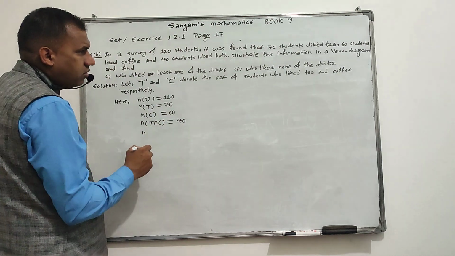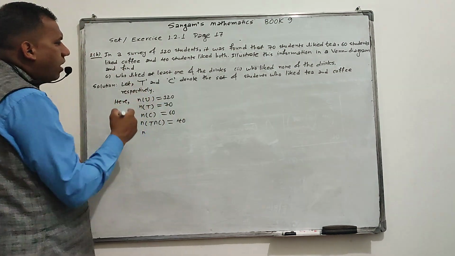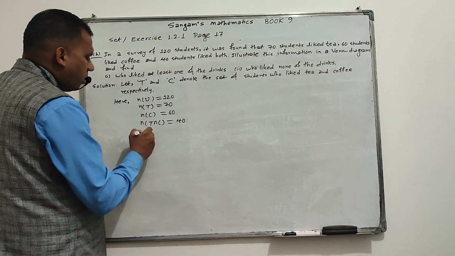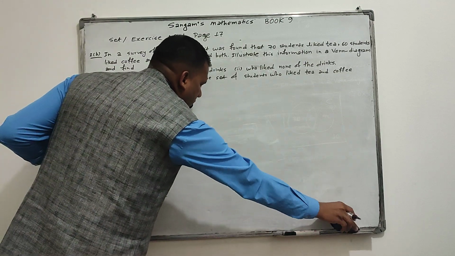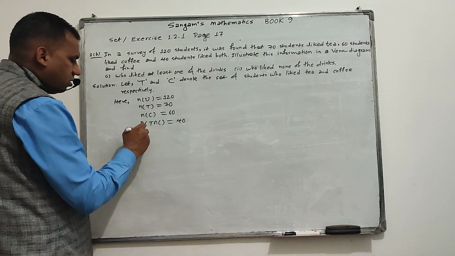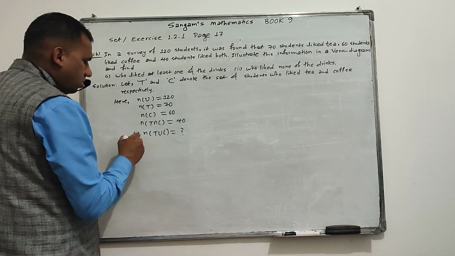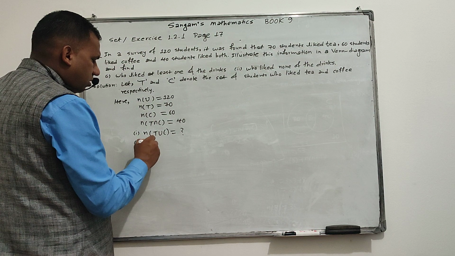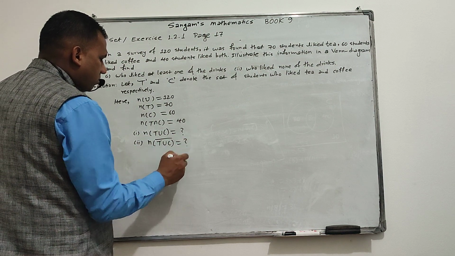Number 1, the number who like at least one, that is n(T ∪ C) equals how much? Number 2, who like none, that is n((T ∪ C)') equals question mark.